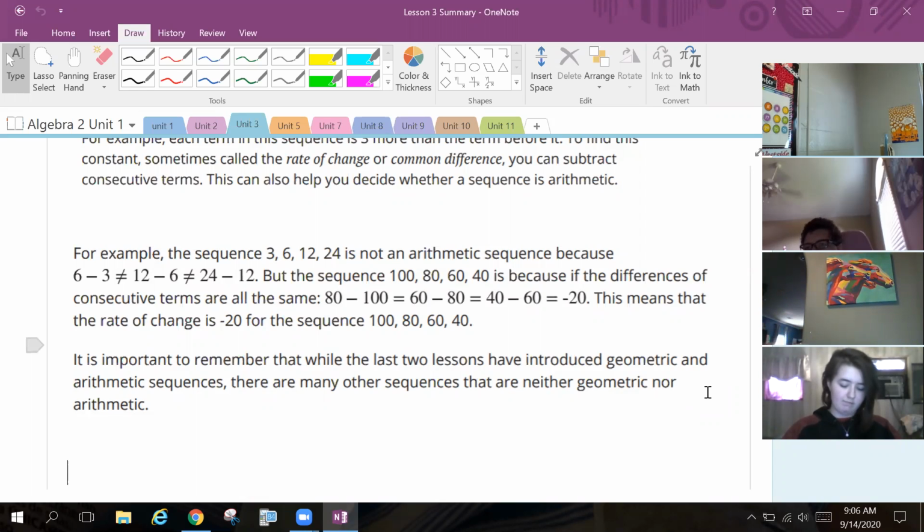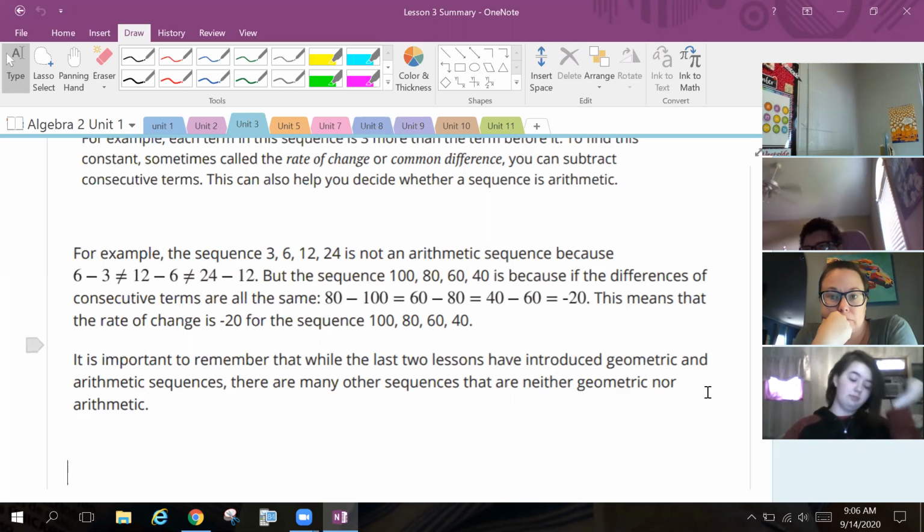All right, so this one, it's going down by the same number of what? 20. Right, so it's being subtracted by the same number, isn't it? So which sequence would that be?